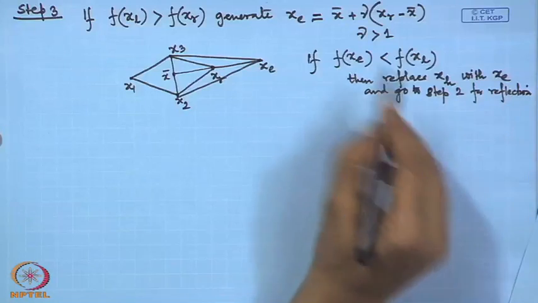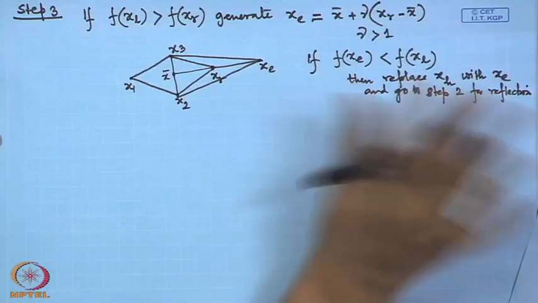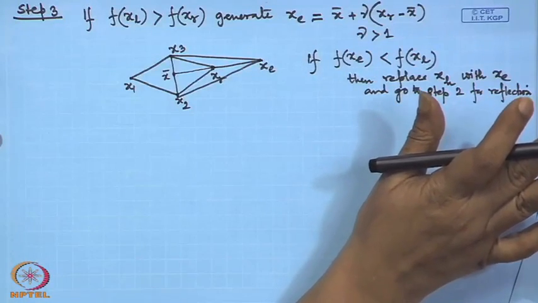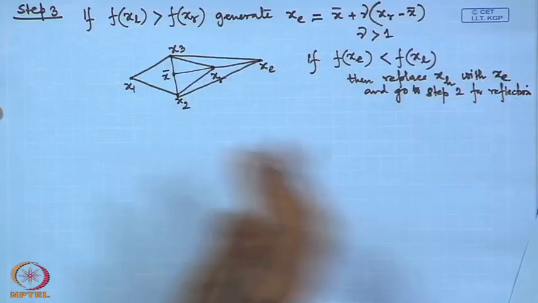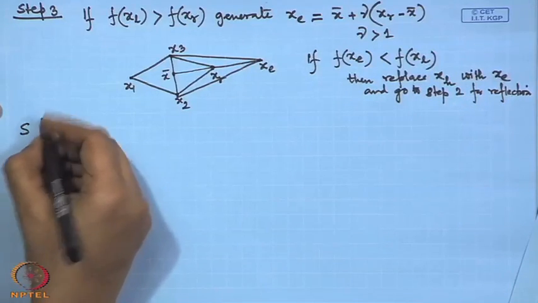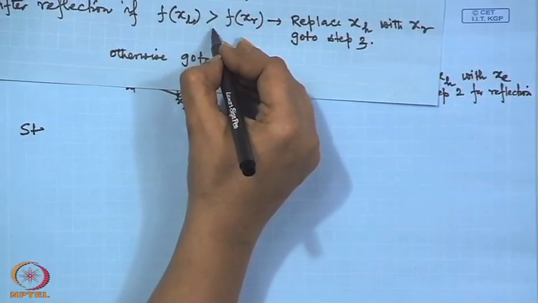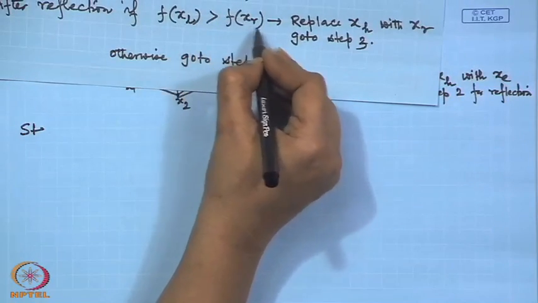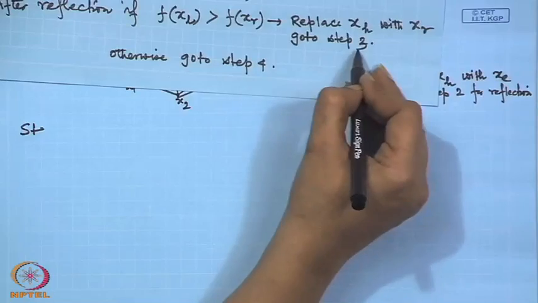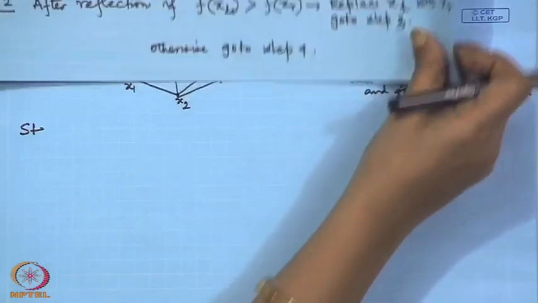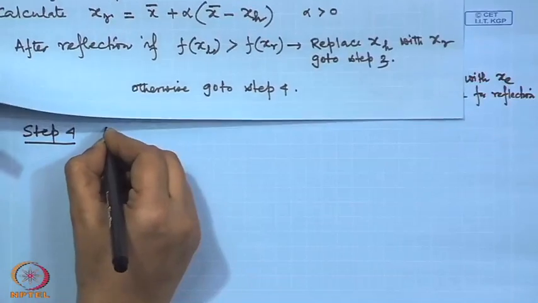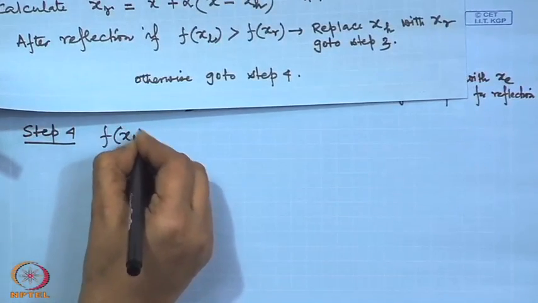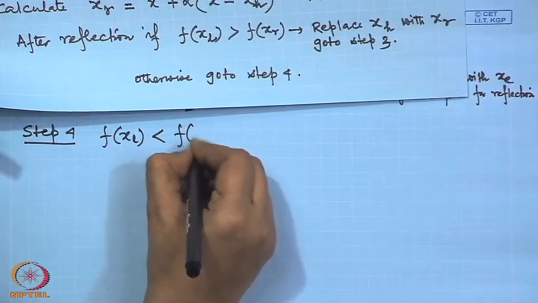That means we will say that the expansion process fails. In that case, we have to do the reflection process once again. But if I go to the previous step, we have considered that if fxL is greater than fxR, go to the expansion, otherwise go to step 4. That is why in step 4 our condition is that fxL is lesser than fxR.